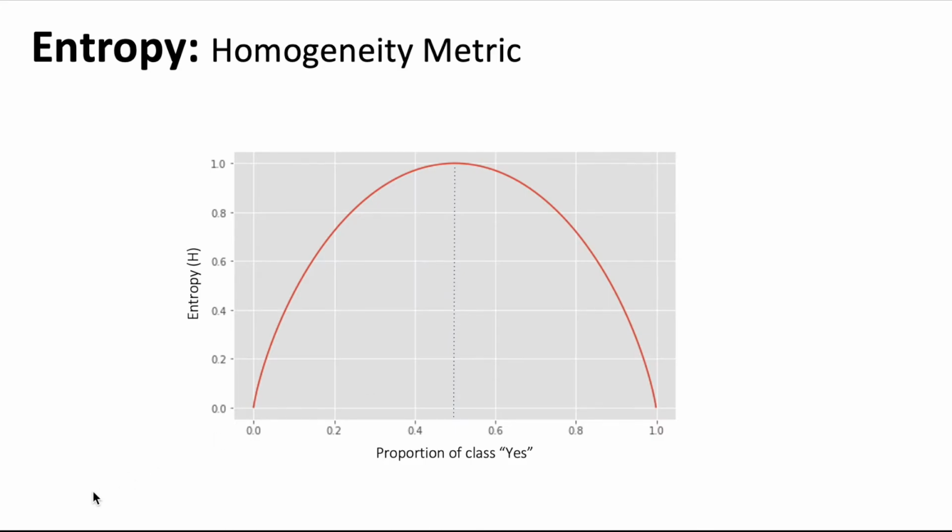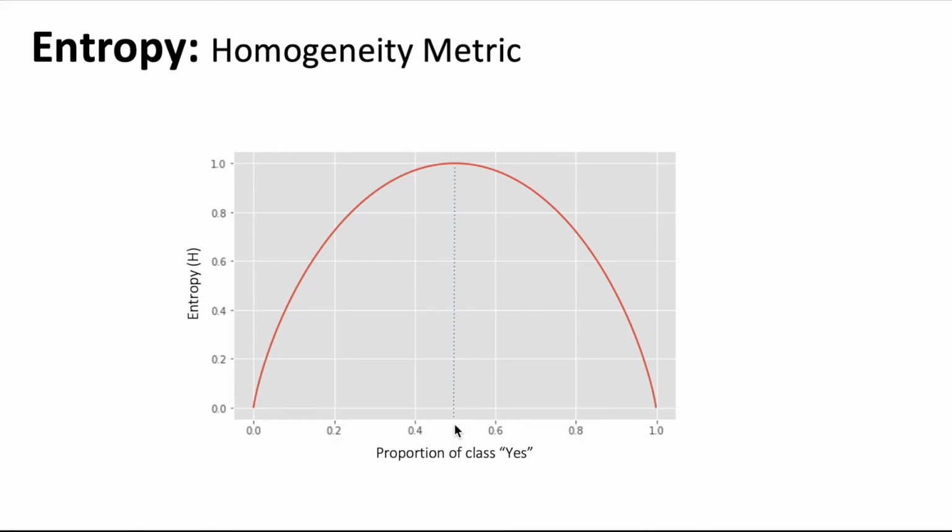As a summary, the entropy function looks like this for 2 possible classes. So imagine that the classes are yes and no. In this axis here, we have the proportion of the class yes. So the entropy is maximum, it takes the value 1 when we have 50% of proportion.